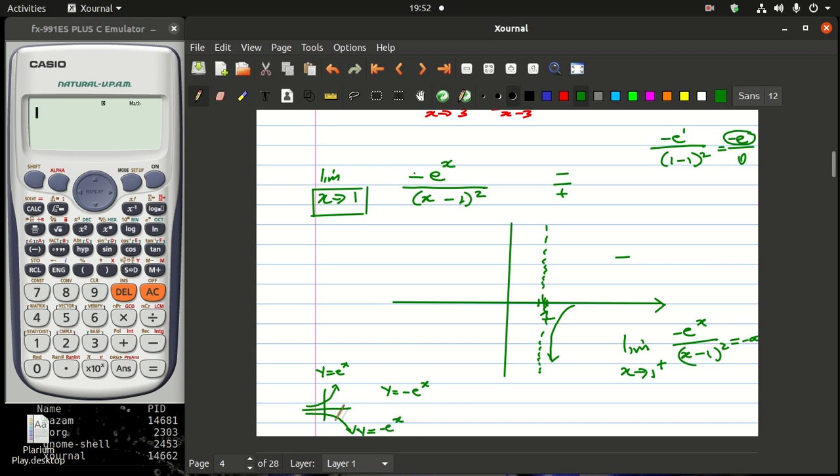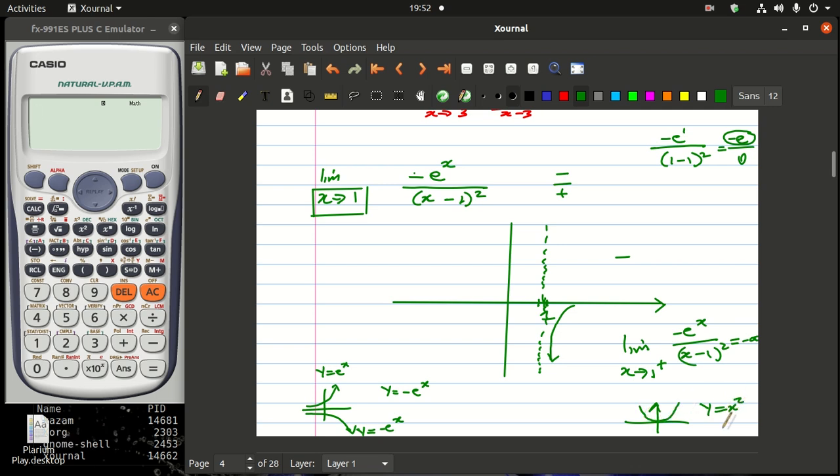So if you look at this function, it's always going to give you negative values. Whatever value of x I pick, the output is always negative. But if you look at this one, we know the function y is equal to x squared looks like this.